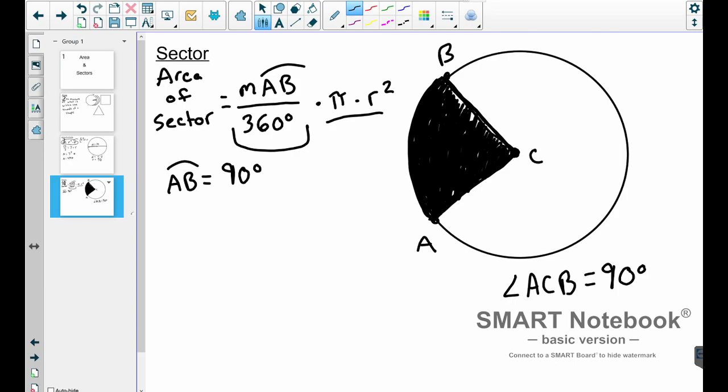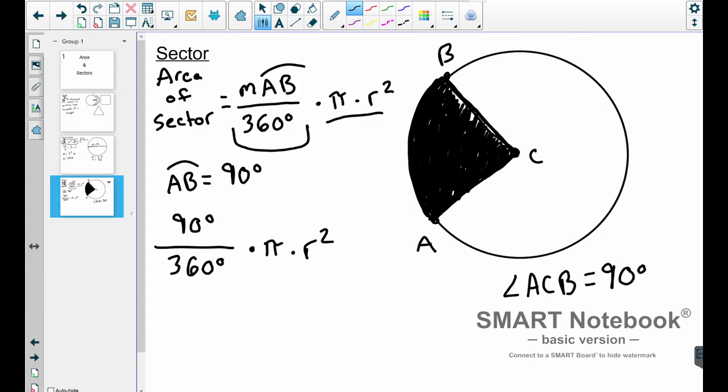So then we have really all we need, except for the radius. We do need the radius here, but let's go ahead and plug this in. We know that 90 degrees divided by 360 degrees, that's our fraction that we needed, times pi, because you always got to have a pi in there, times radius squared will give us our area of the sector.